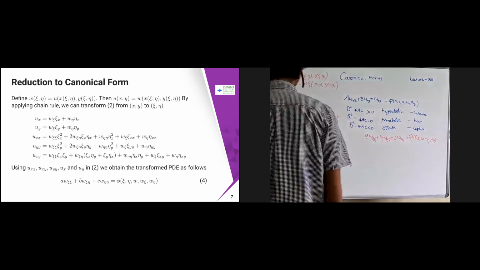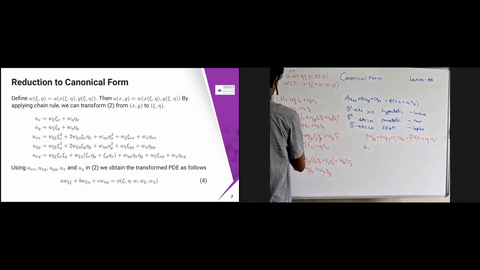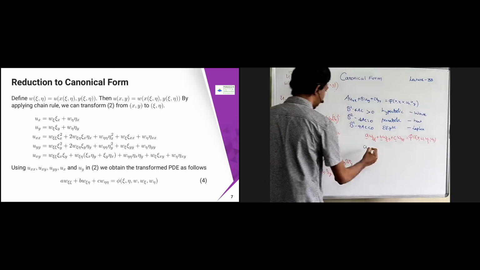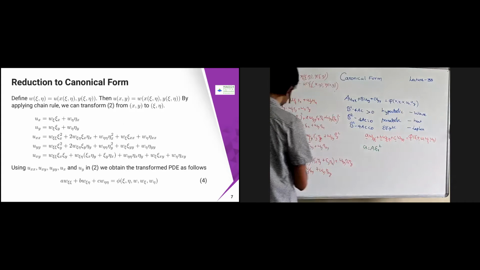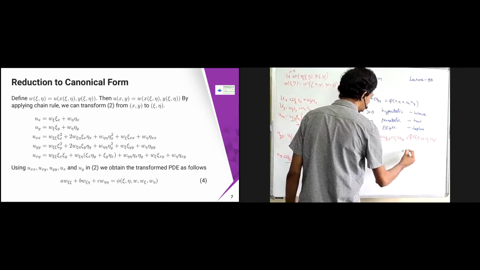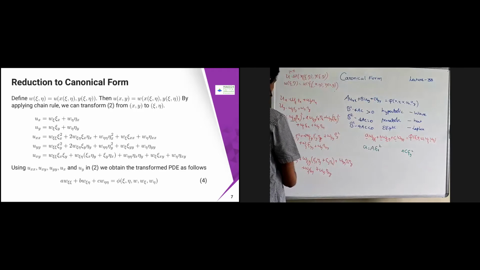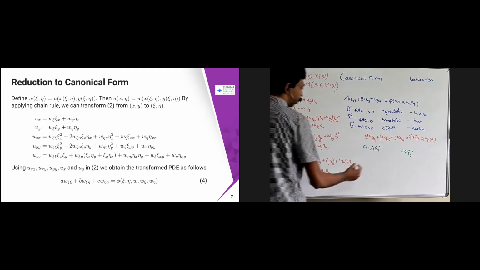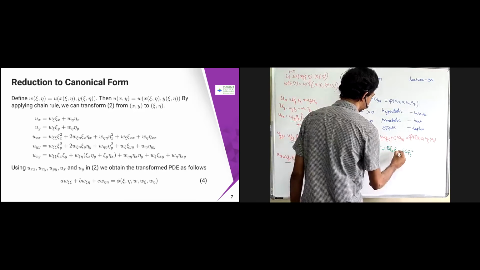So this one I got to multiply with a, therefore I'm going to get a into chi x square. This is going to be c into chi y square, plus c into chi y square, and this is going to be b into chi x chi y plus b into chi x chi y.